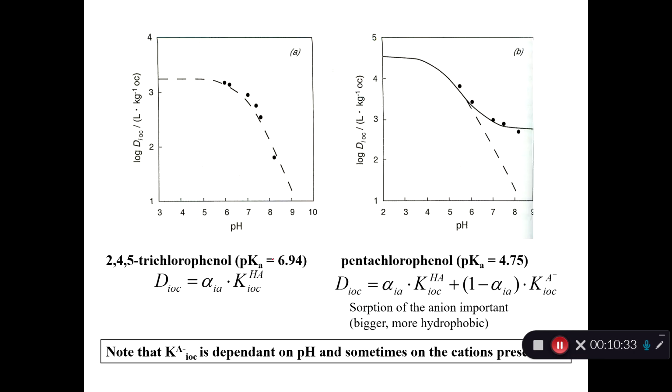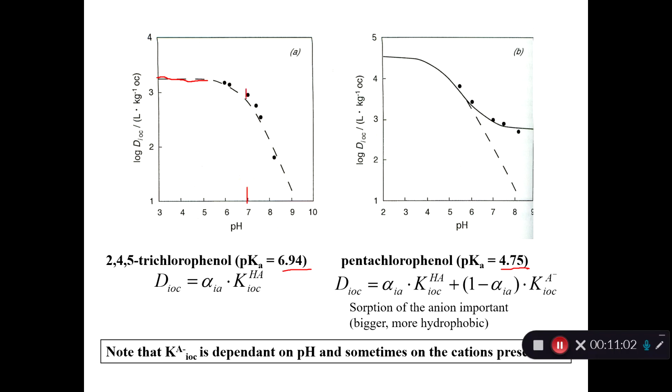Bases are tricky. So here's an example of absorption of an acid. Here's two acids, 2,4,5-trichlorophenol, which has a pKa close to 7, and then pentachlorophenol, with a pKa close to about 5. And you can see that at acidic pHs, where it's all protonated, the absorption is sort of constant. The distribution coefficient is constant here. It doesn't change much until you start to approach the pKa, which is here at 7. Right?